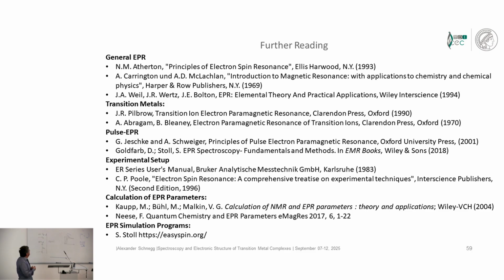One is written by Gunnar Jeschke and Arthur Schweiger, which is called Principles of Electron Paramagnetic Resonance, and there's a textbook edited by Daniella Goldfarb and Stefan Stoll, where different EPR methods are described in quite some detail. It's a bit more recent, but also Gunnar's book contains still a lot of wisdom. And in addition, I suggest here a few books which I found useful while trying to learn EPR.